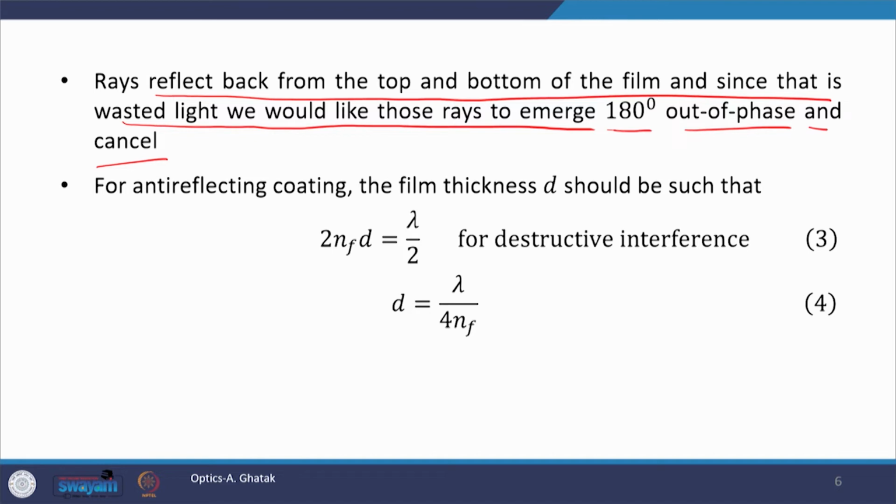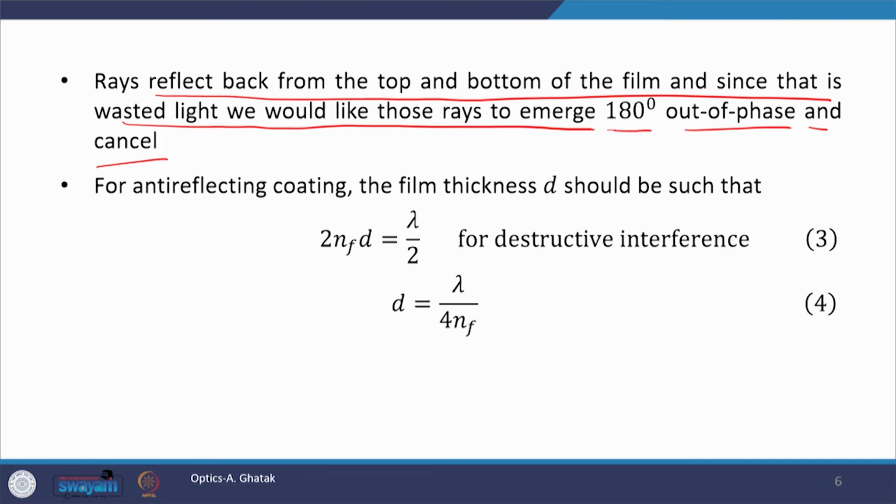If these two reflected rays are out of phase by 180 degrees, they will destructively interfere, and then there would be no reflected light in the air, and this is how we can cancel the reflectance. We can make reflectance 0 and save the light, and then everything would be utilized better in the optical instrument.